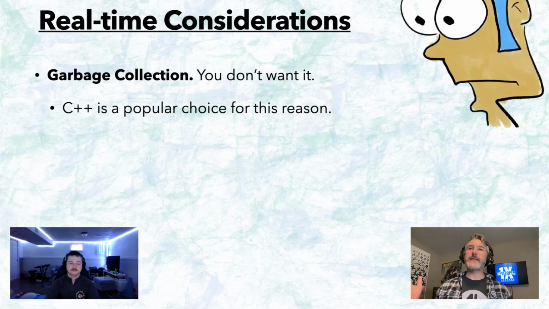The basic issue here is that you don't want the garbage collector running in the middle of your audio callback function. When you have a function that needs to complete on a schedule, in a given amount of time, you don't want the garbage collector running in the middle of that and screwing up your routine.